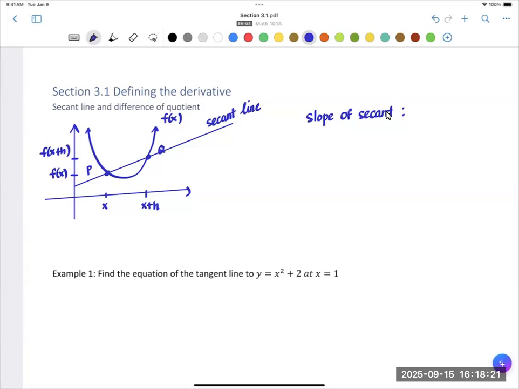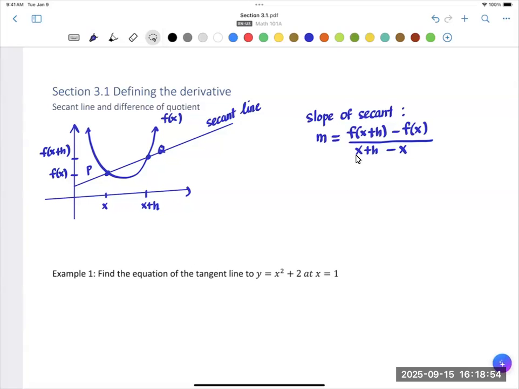So the slope of the secant line is rise over run, or y2 minus y1 over x2 minus x1. So the slope of the secant line can be found by taking f of x plus h minus f of x, over x plus h minus x. I'm sorry, the difference of y over the difference of x, okay?